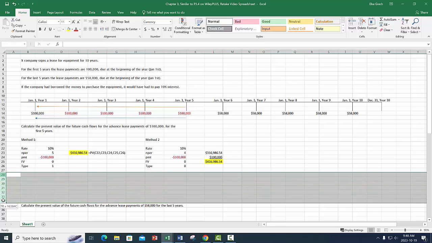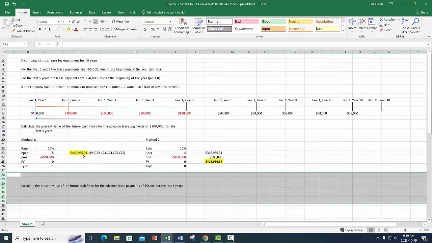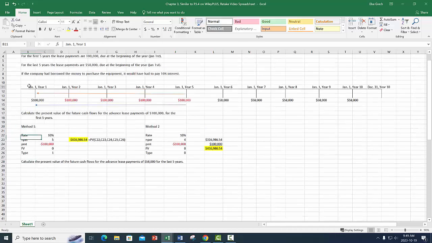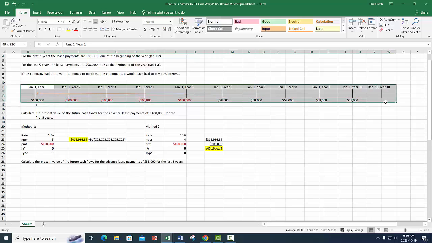Now, let's look at the next question. Here it says, calculate the present value of the future cash flows for the advanced lease payments of $58,000 for the last 5 years. Let's just grab this right here so we can see what we're talking about.